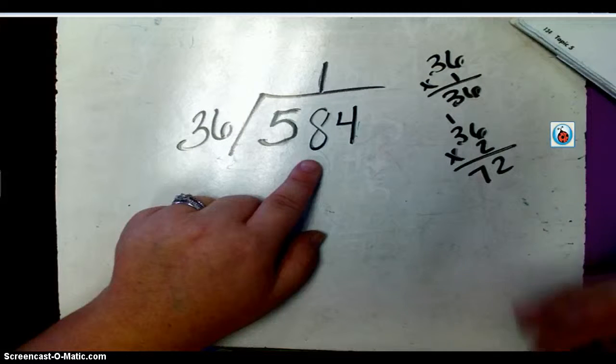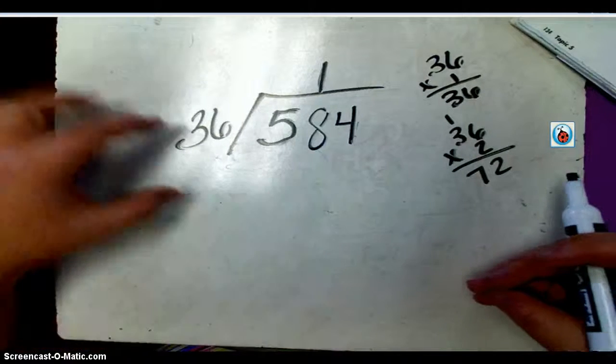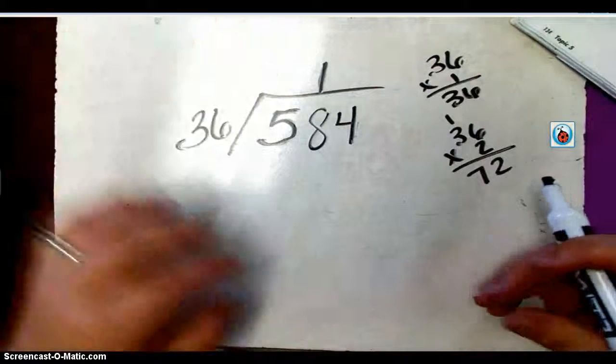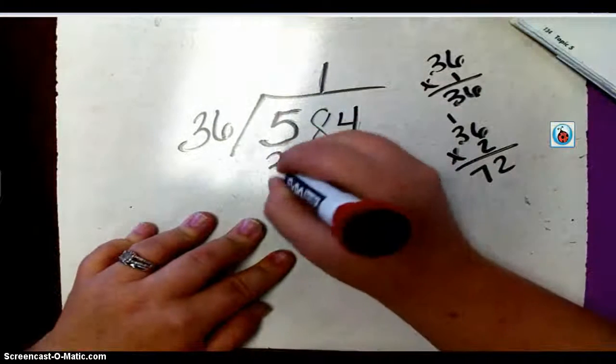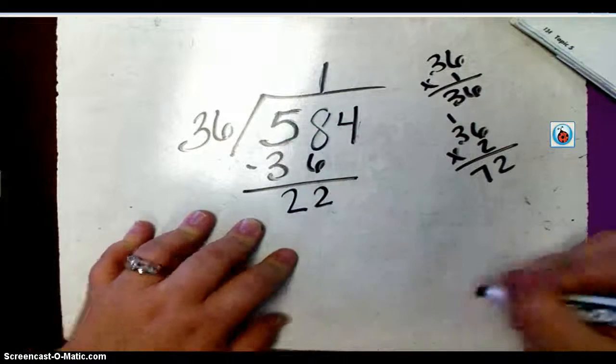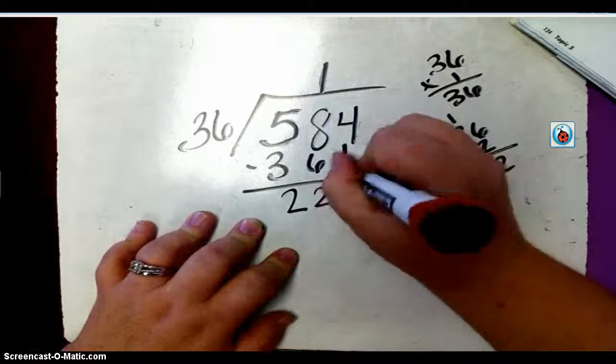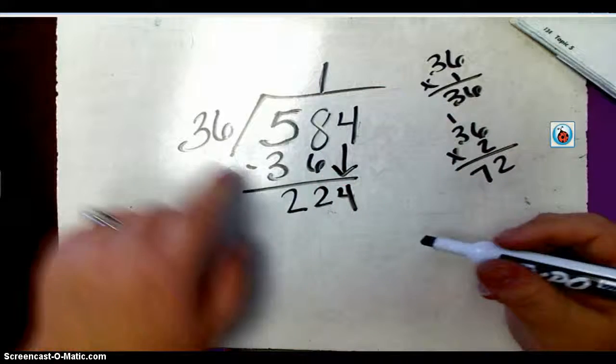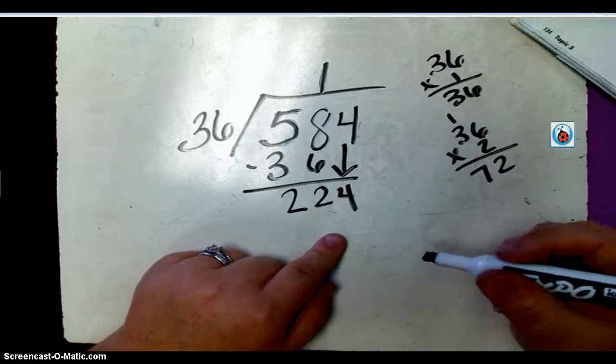Okay, if I really think about these numbers, because 36 is not that far from 58. 36 times 1 is 36. Subtract, I get 22. I still have to bring down my 4. Now I have to figure out how many times does 36 go into 224.